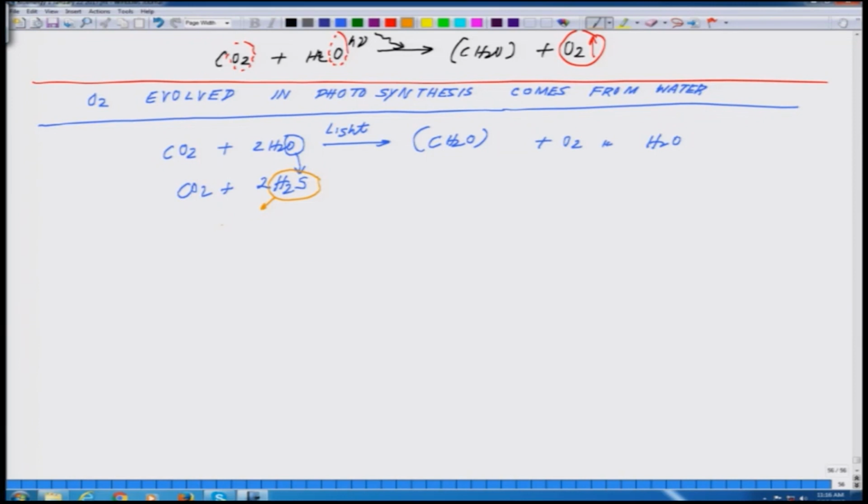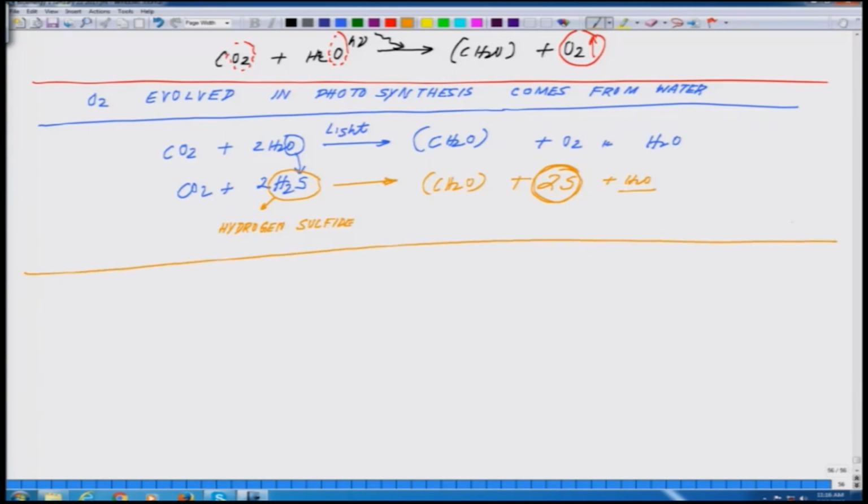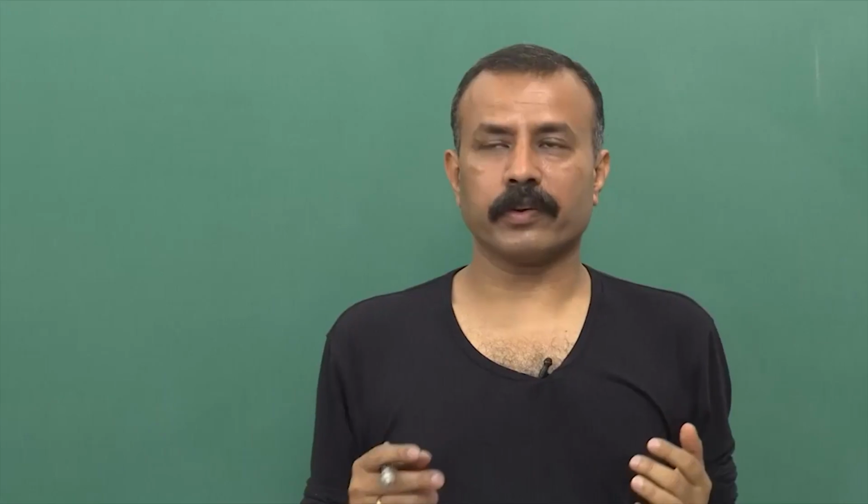You remember the hydrothermal vent, which is rich in hydrogen sulfide, and CH2O plus 2 sulfur plus H2O. This was the reaction which led to the understanding of a generic reaction.